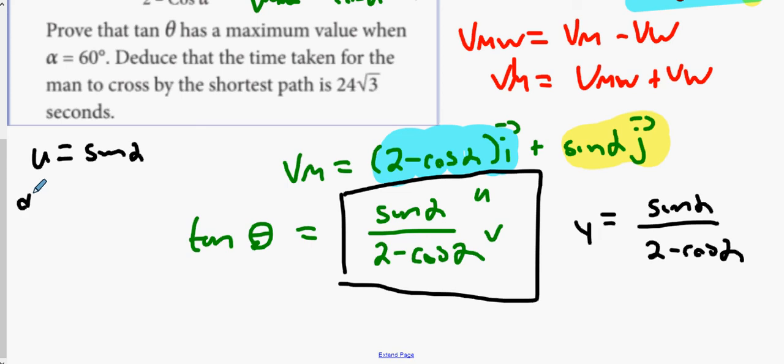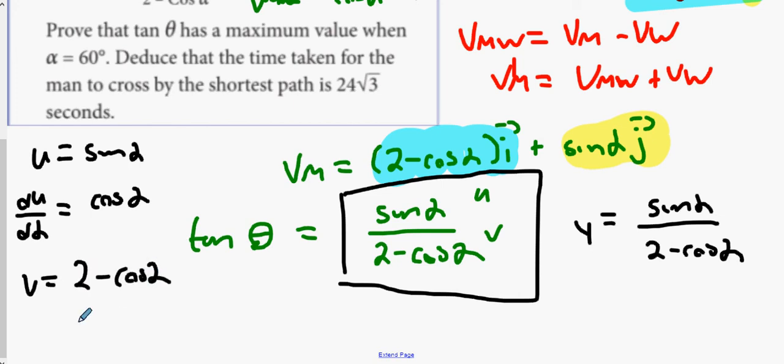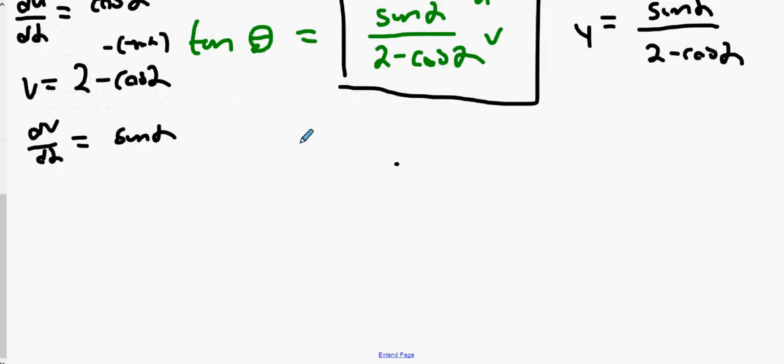du d alpha? I think it's just cos alpha. You're getting integration mixed up. It's very easy to do. And 2 minus cos alpha. Did anybody get sin alpha? Yes. Because it's minus sin alpha, which is plus sin alpha. Now we're going to do the quotient rule for differentiation. We all hope you know what the quotient rule is. Usually v du dx minus u dv dx all over v squared.